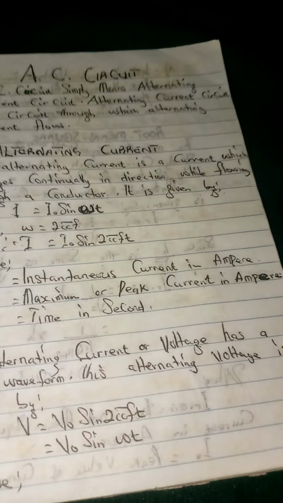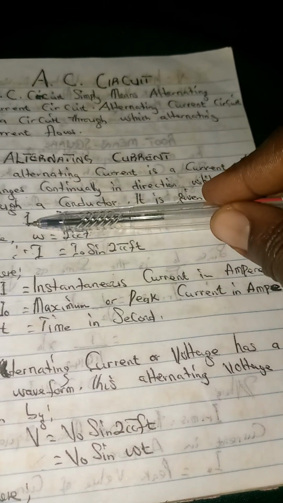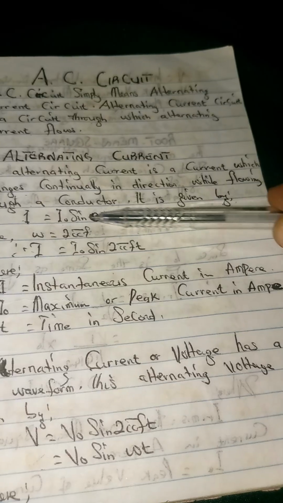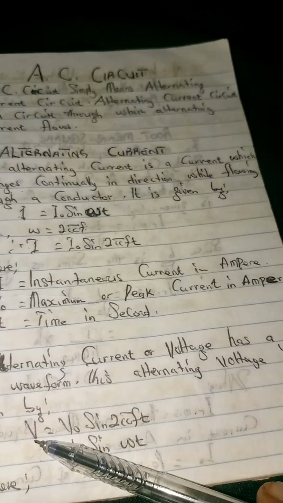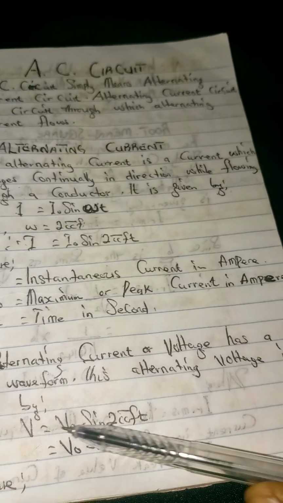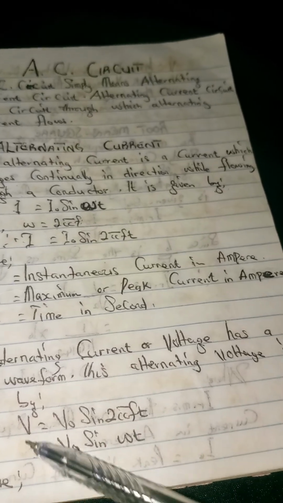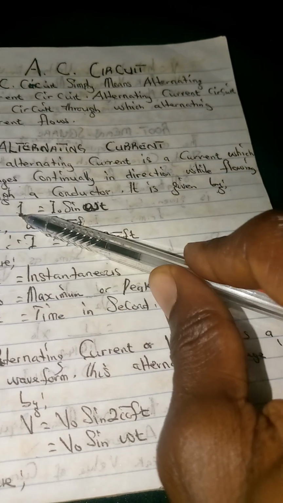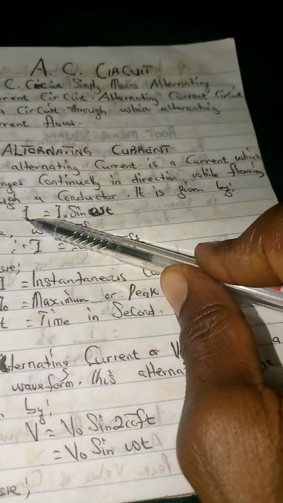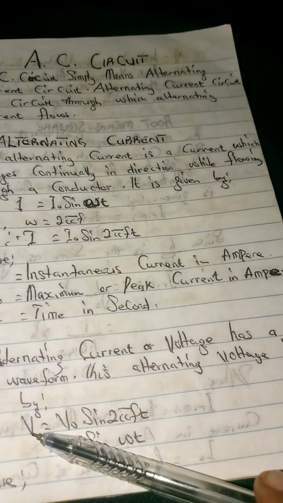Now, the same way the alternating current was equal to this particular equation, the alternating voltage can also be equal to something of that same nature. The only difference is that where you are supposed to have the instantaneous current, you are going to have the instantaneous voltage.